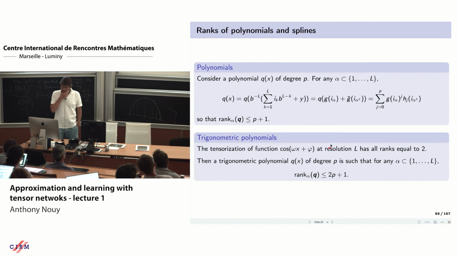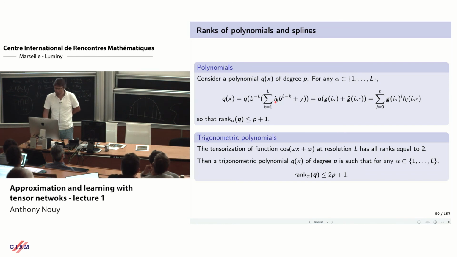A few interesting observations. If you give me a polynomial of degree p defined on an interval, and you write this q of x, replacing x by its representation with respect to i1, i2, and so on, you have a polynomial of a sum of the variables i1, i2, i3, and y.